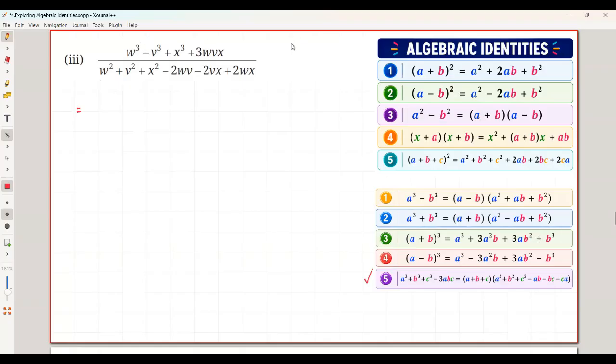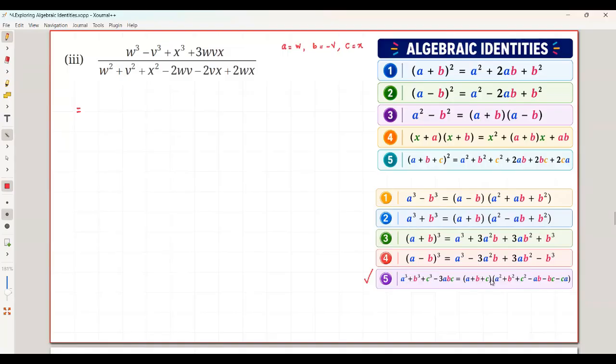At the a place we have w, so I am taking a equals w, and at the b place we have minus v, then at the c place I have x. So we have to remember this formula and replace the values.